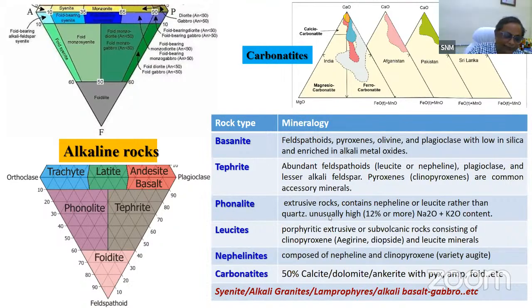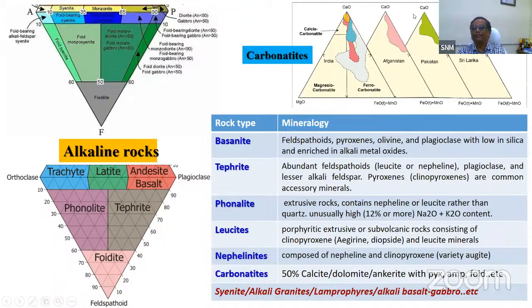Please try to distinguish between carbonatites and alkaline silicates. So these are silicates with feldspathoid, and the lower one is volcanic and the upper one is our plutonic. So many important rocks include basanites, tephrites, phonolites, leucitites, nephelinites, and the other one, non-silicate, is carbonatite.